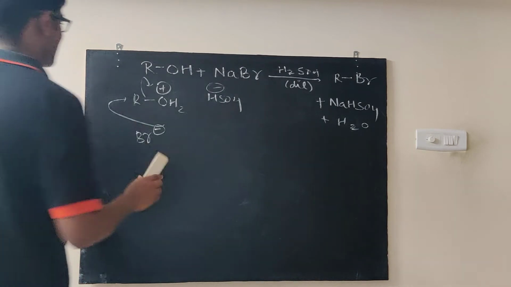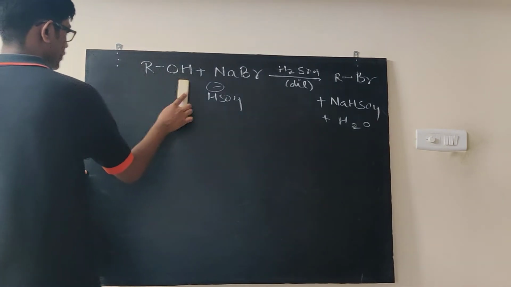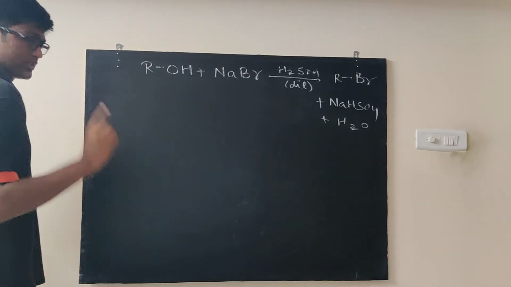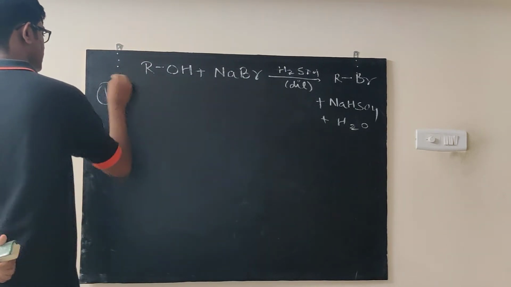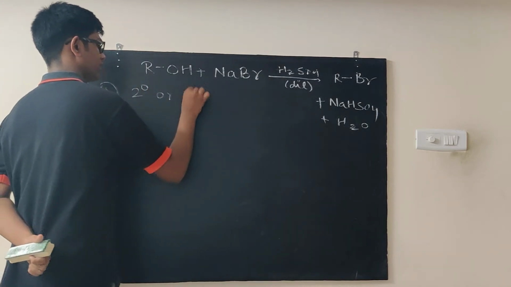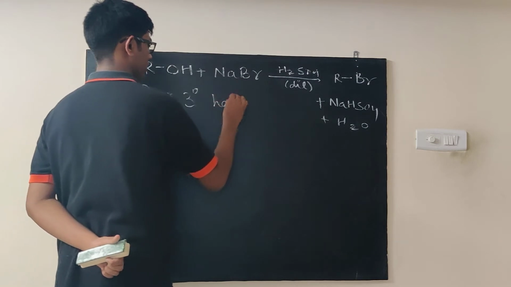Yet there are many snags which you will face when you're doing this reaction, and I'm going to explain those snags to you. Step one, first one, you cannot prepare secondary or tertiary halides using this method. Why?